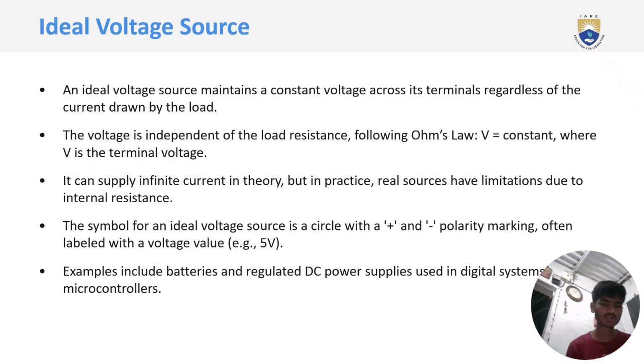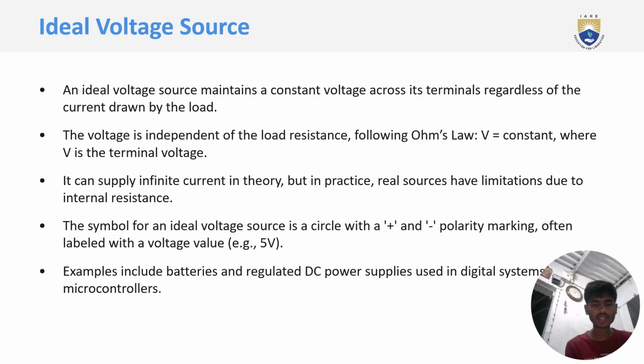Ideal voltage source. An ideal voltage source maintains a constant voltage across its terminals regardless of the current drawn by the load. The voltage is independent of the load resistance. Following Ohm's law, V equals a constant, where V is the terminal voltage.